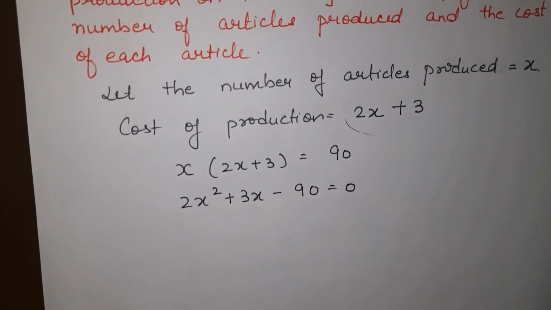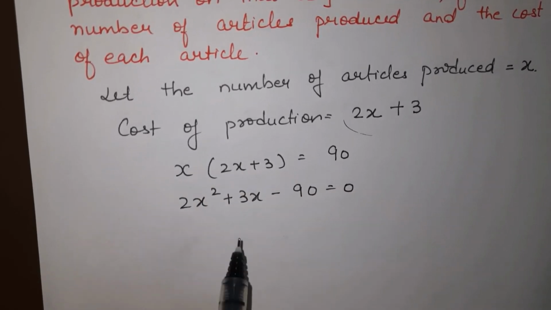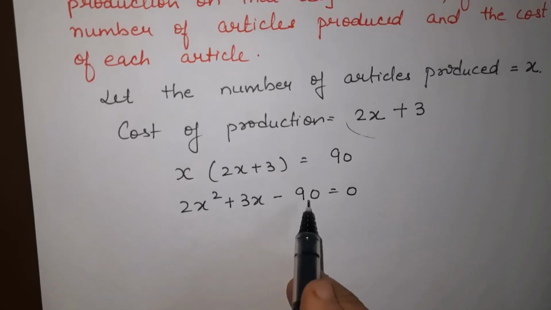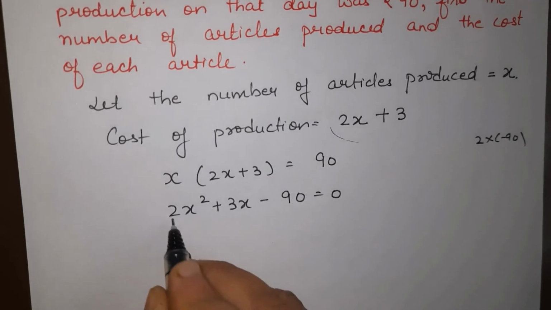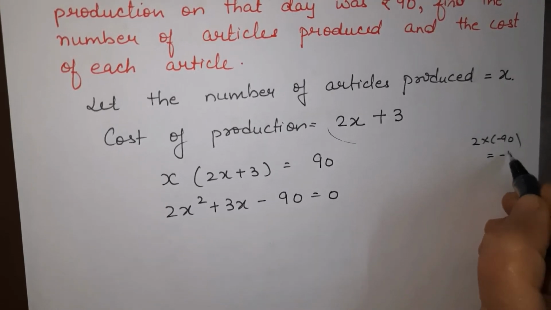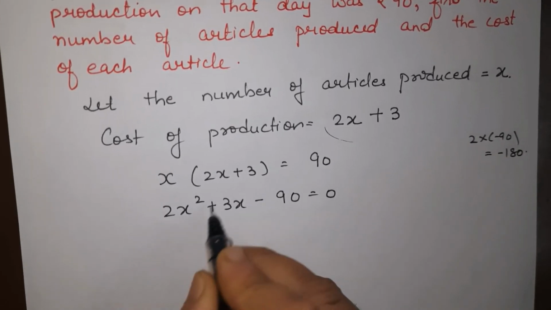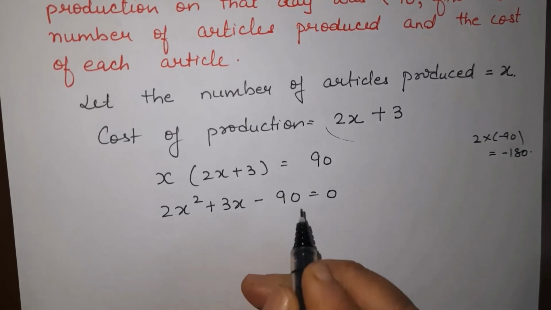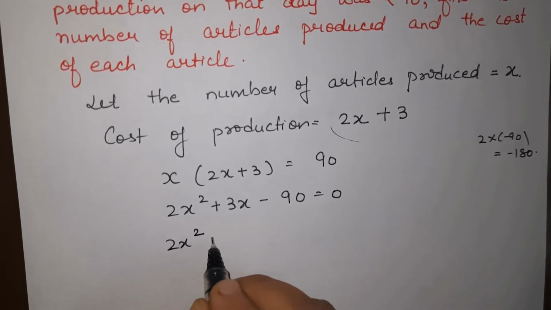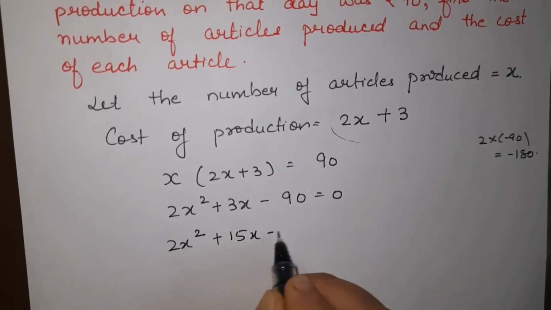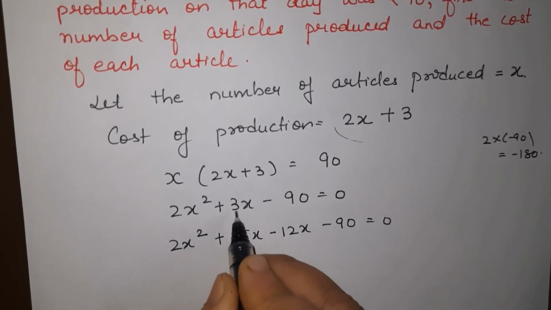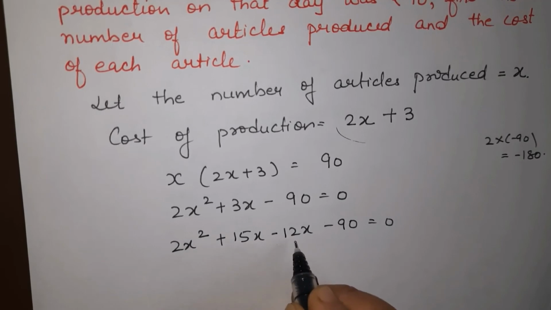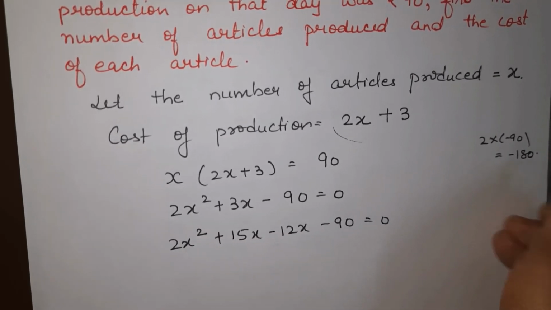Now we need two numbers. When we will solve this by splitting the middle term, we need two numbers whose product is 2 into minus 90. See, 2 multiplied by minus 90, that is minus 180, and sum or difference is 3. The numbers will be 15x minus 12x. See, 15 minus 12 is 3 and 15 into minus 12 is minus 180.